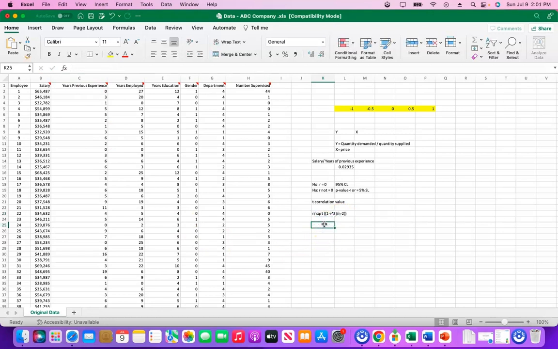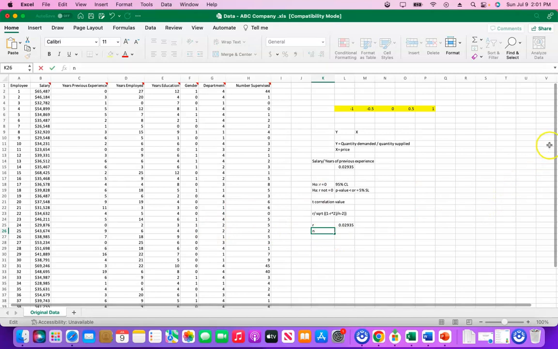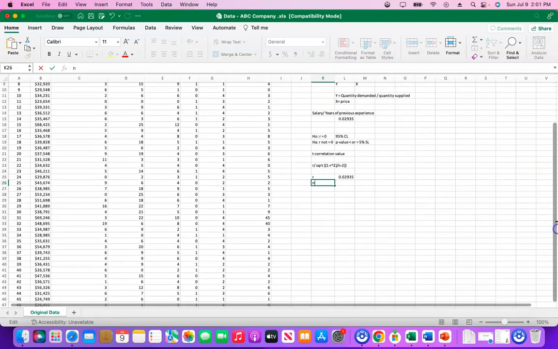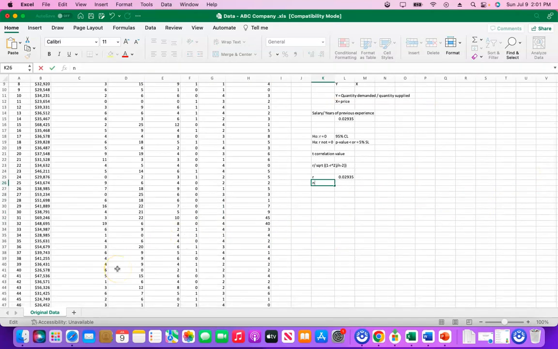So in this case, we know that our r is what we have found. Let me put an equal sign and click here. That is our r. And n, which is the sample size. If you look at our data, you will see that we have 46.